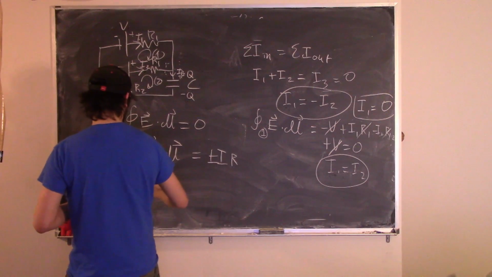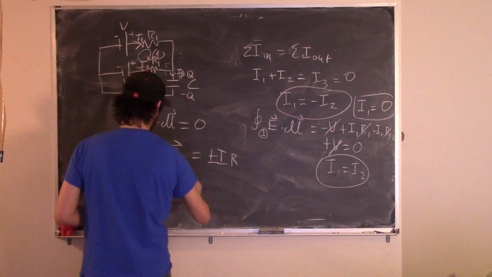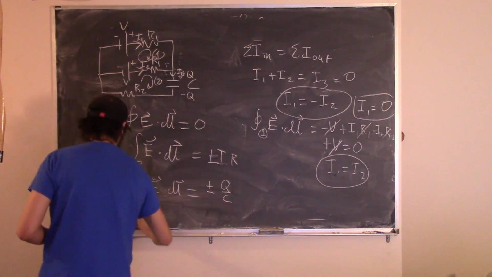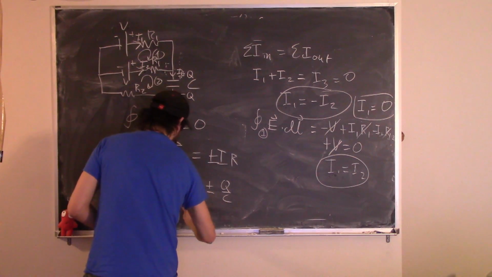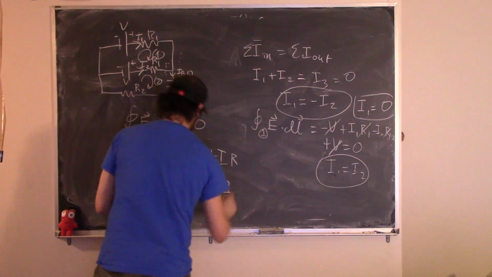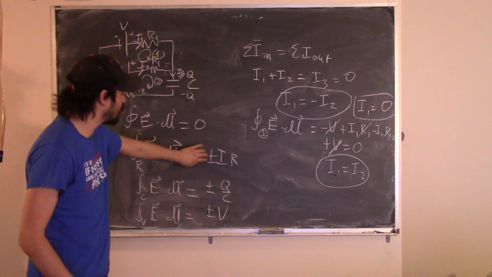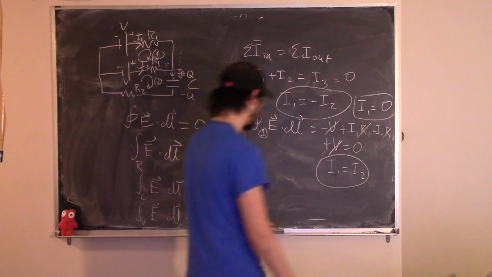So integral over the capacitor of E dot dl is either going to be plus or minus Q over C. And integral over the battery of E dot dl is either going to be plus or minus V, okay? The real question is, when is this positive, when is it negative, okay?